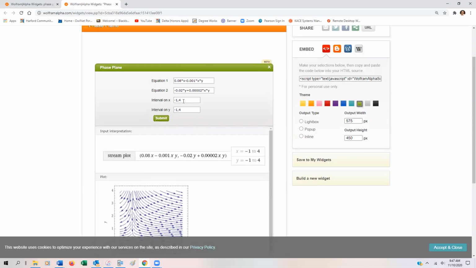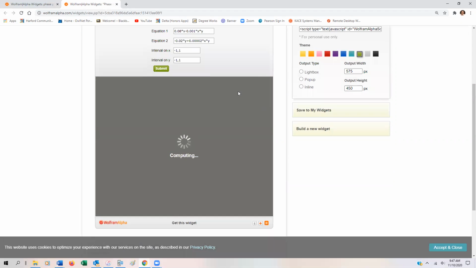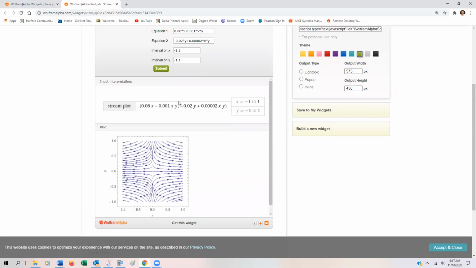If we were to zoom in a little bit more, so let's say I do negative 1, comma 1, and then 1, 1, and submit it. I'm just changing the view of this. We clearly see that this is almost like a point. It's not a sink, but it's actually kind of a repulsion point. Everything is kind of stemming from the 0, 0 point.